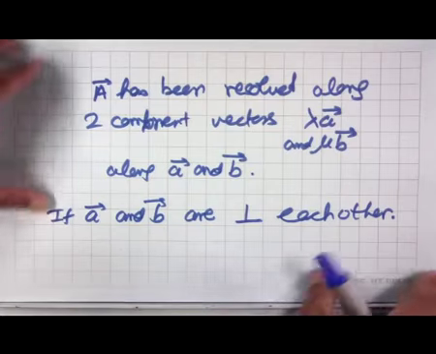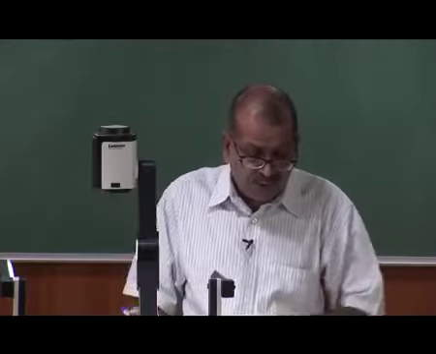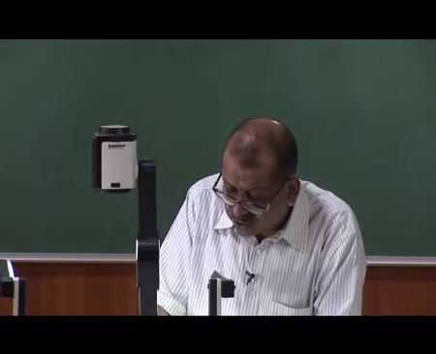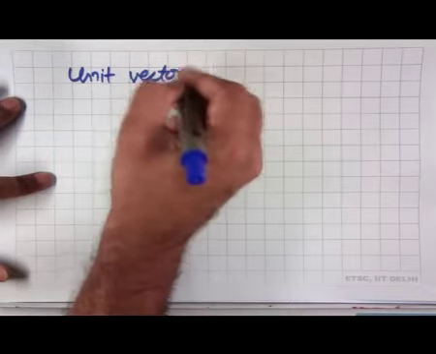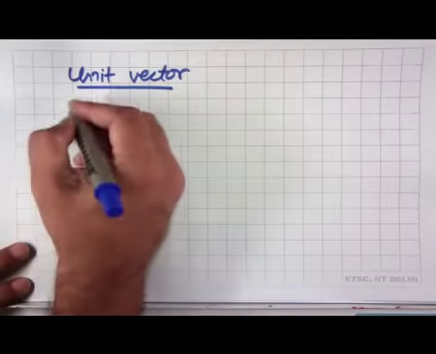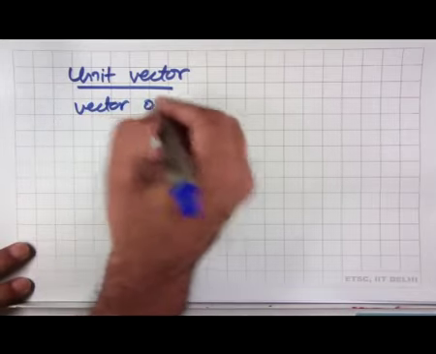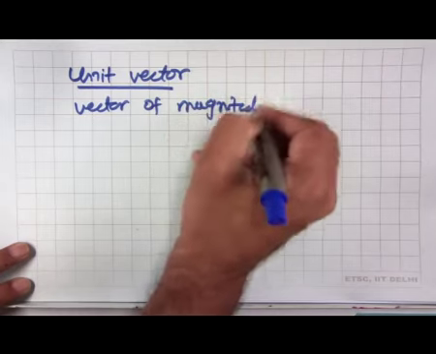And here, before we talk of resolution along perpendicular direction, we first talk of something called a unit vector. A unit vector is a vector of magnitude 1.